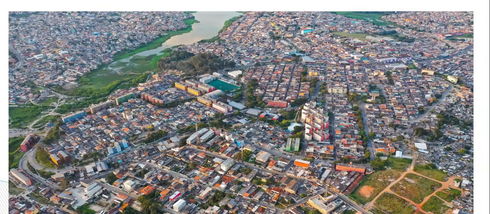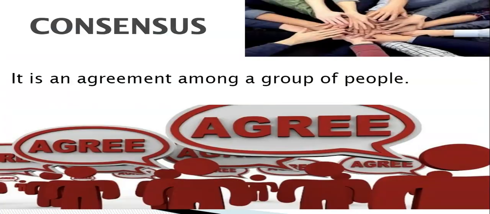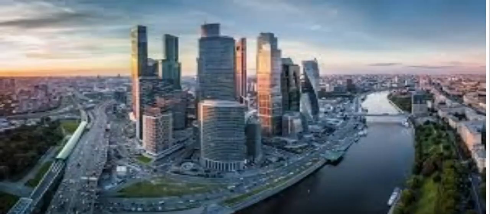In large societies where different communities of people live together, rules are formulated through consensus. A consensus is an agreement among a group of people. In modern countries, this consensus is usually available in a written form.